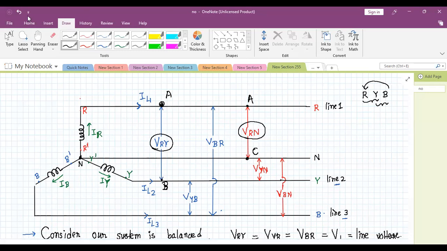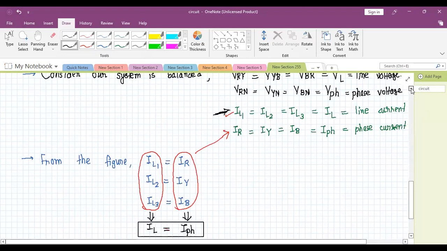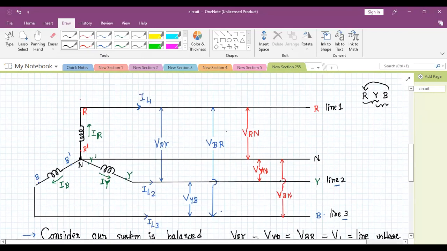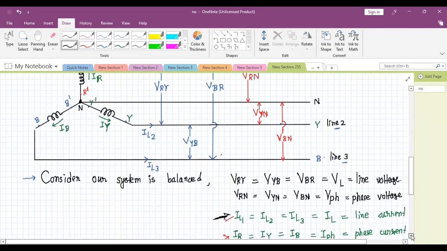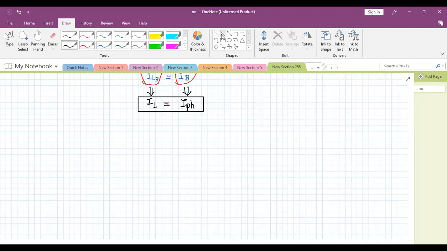So now we have to establish the relationship between line voltage and phase voltage. For that, we have to draw the phasor diagram. How can we start this phasor diagram? First of all, we will draw the three phase voltages. And we know that the voltages are apart from each other by how many degrees? 120.